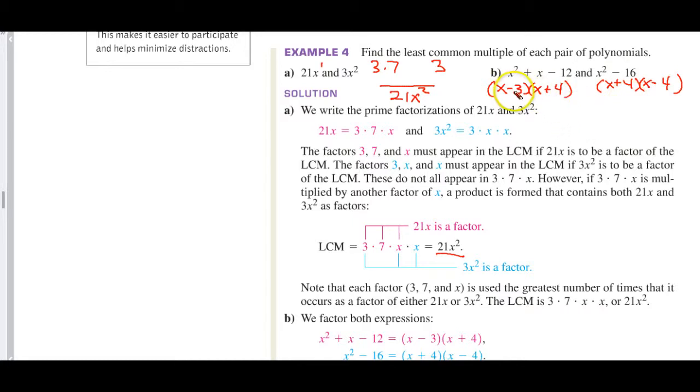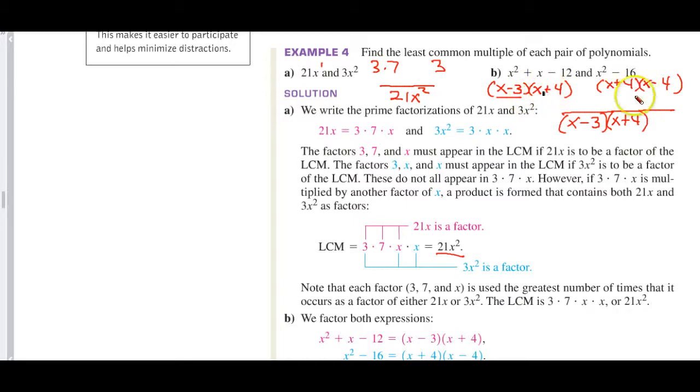Now we have to determine what will be the least common multiple. Well, this is used once in this factorization, so we're going to need one of those. This is used once. Now you might say it's there and there, but in a particular factorization, what's the greatest number of times it's used?